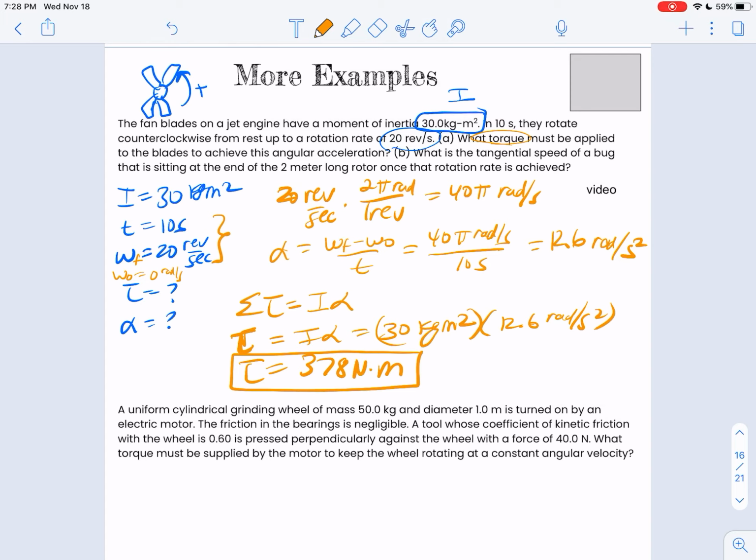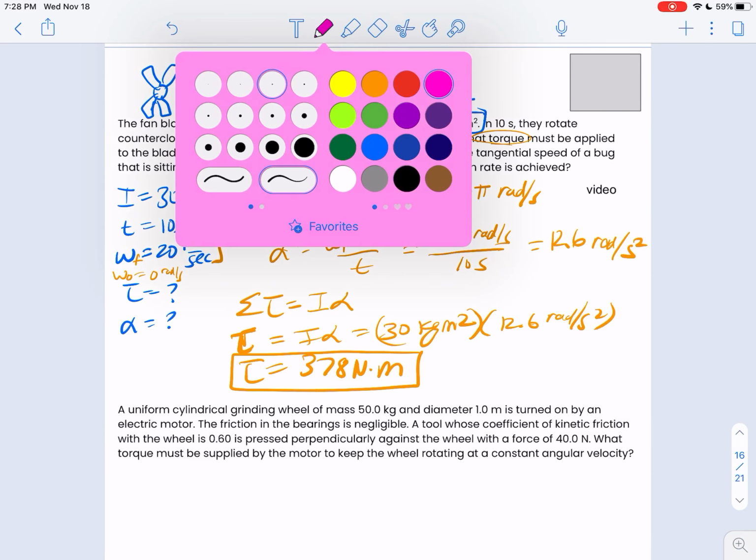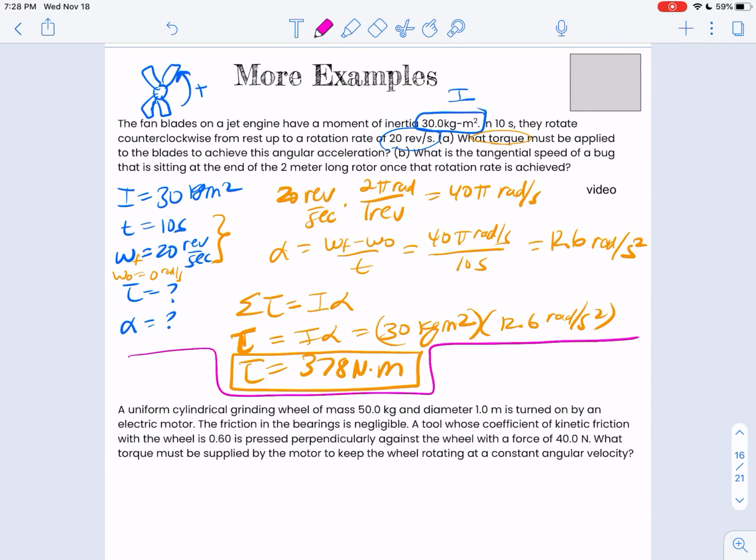And then the next question is, what is the tangential speed of a bug that is sitting at the end of the rotor if it's 2 meters long? A bug that would be sitting right out there, the angular velocity at that point is 40 pi radians per second.